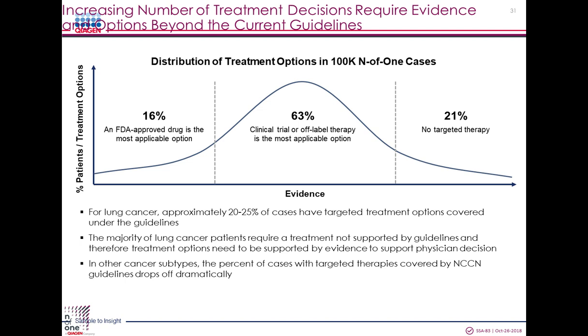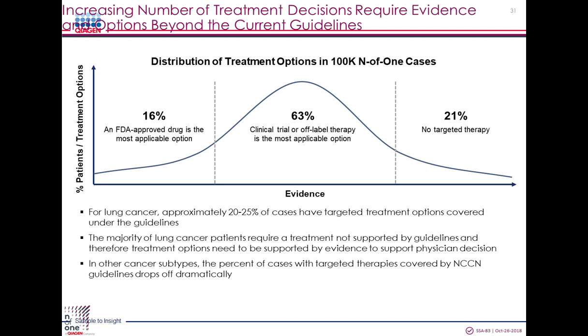And this number could even be an overestimate because in most types of cancer, like non-small cell lung cancer, about 20 to 25% of cases have targeted therapy options that are covered under the guidelines, and so that draws the average up.